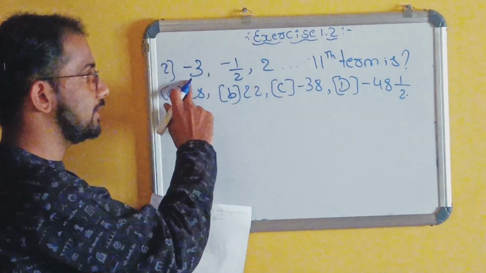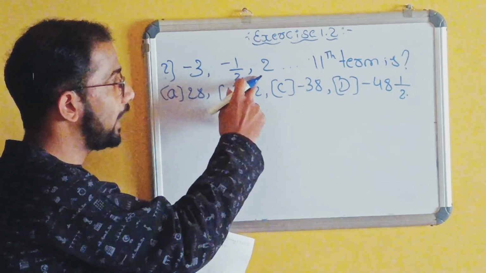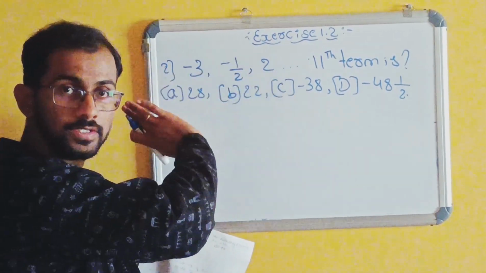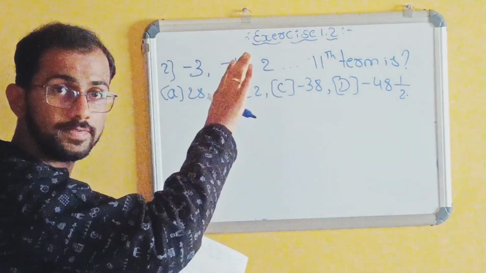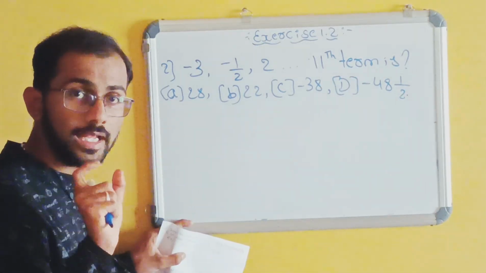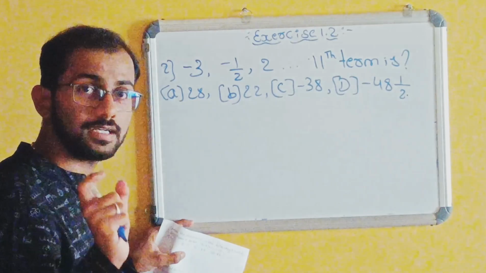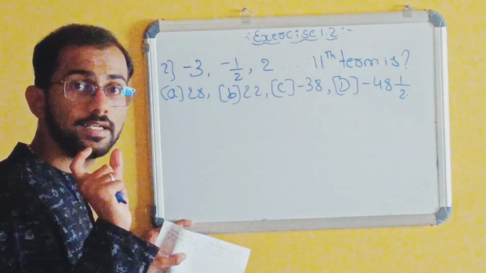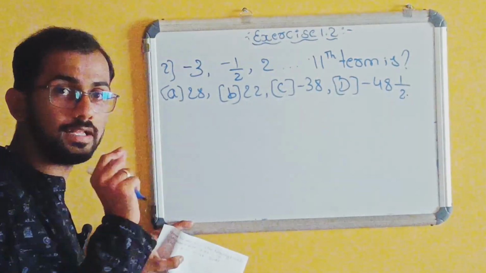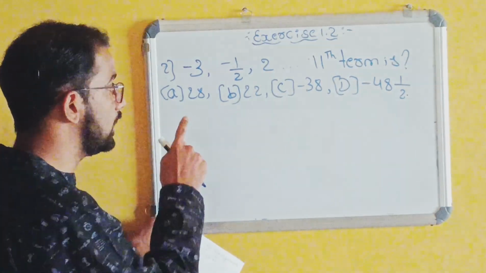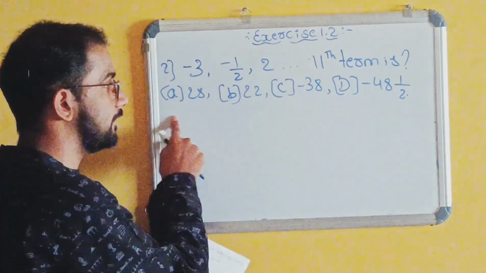Here the given sequence is minus 3, minus 1 by 2 and 2, and so on. In this sequence we need to calculate the 11th term. So here n should be considered as 11, A11, which needs to be calculated from the given options.